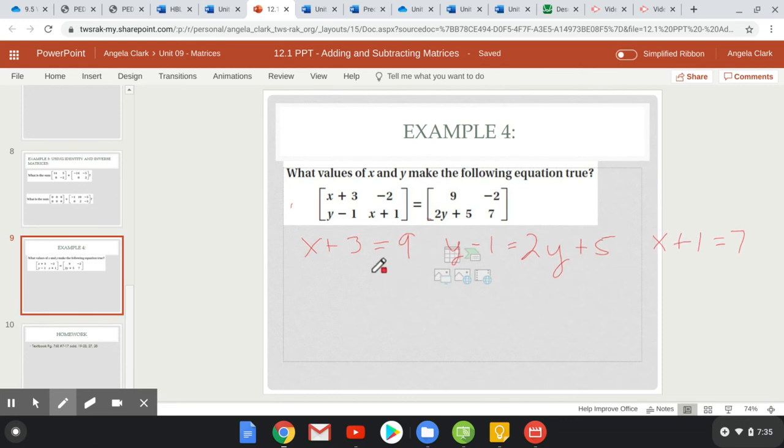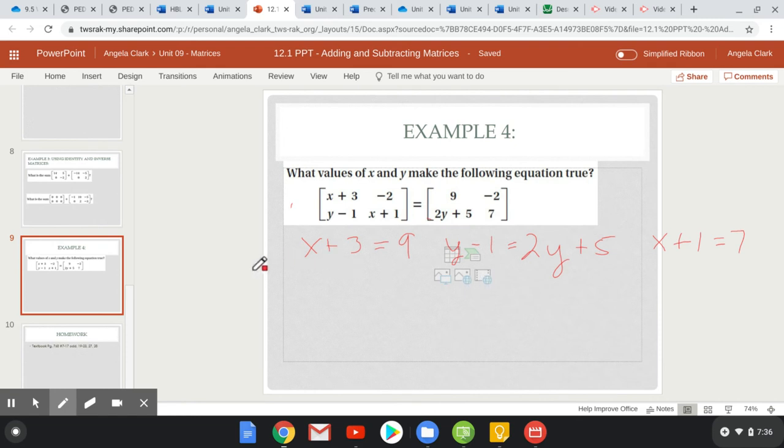So I have to get the same solution on both of these for there to actually be a solution. I can't just solve one and say, okay, I found x. I need to solve both of them and make sure they're the same. So let's go ahead and do that.